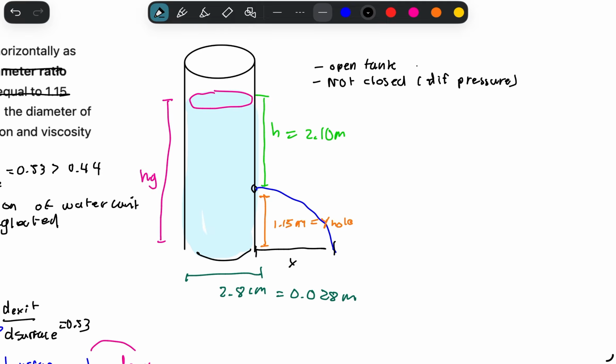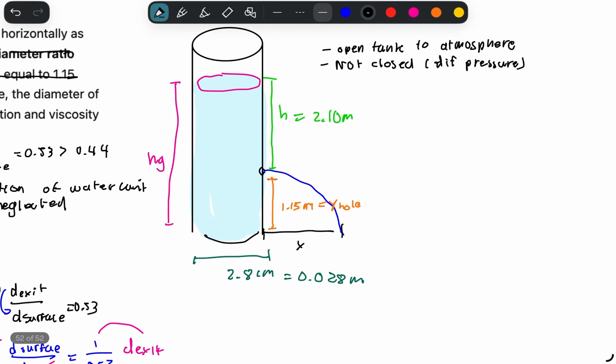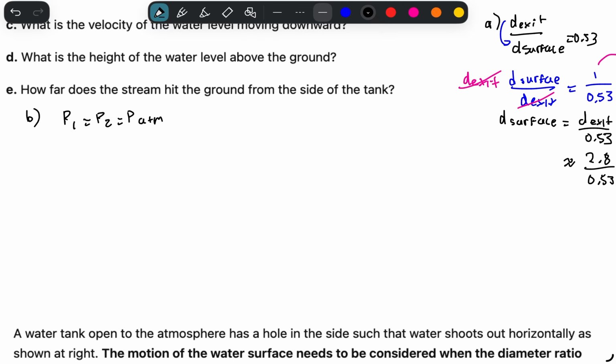We have an open tank to the atmosphere. So because we have that P1 is equal to P2 is equal to PATM, later when you have your Bernoulli equation, our pressure terms will cancel because it's equal on both sides. You could just subtract it from either side, and you would see that it would just cancel out.